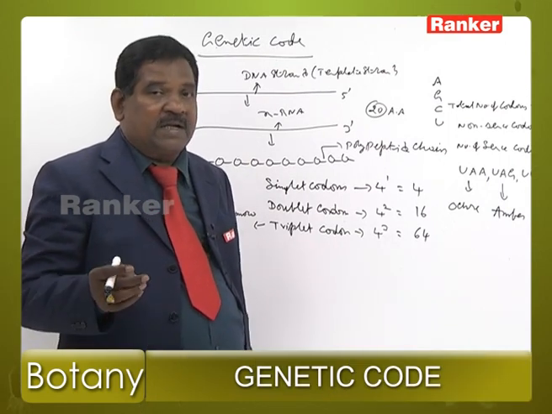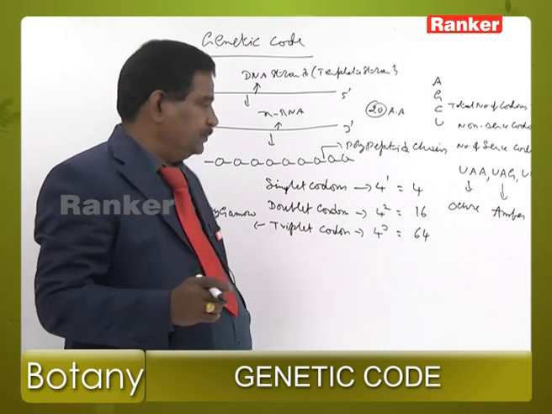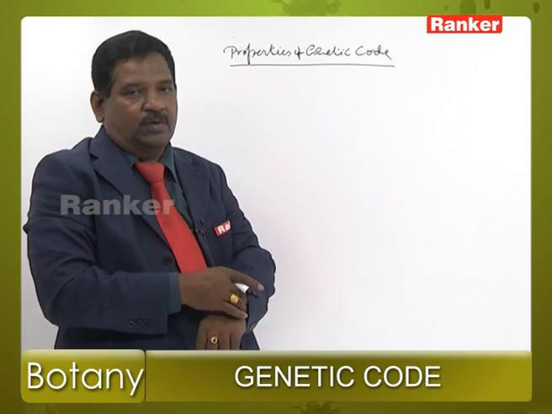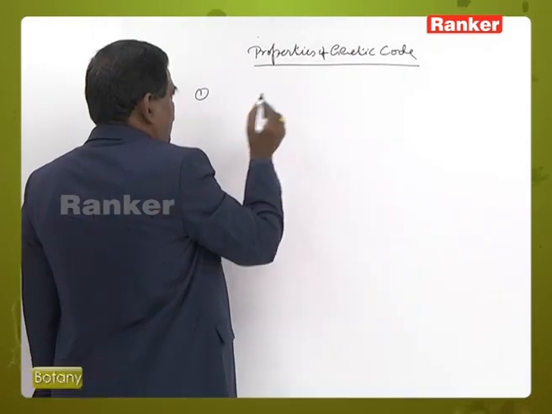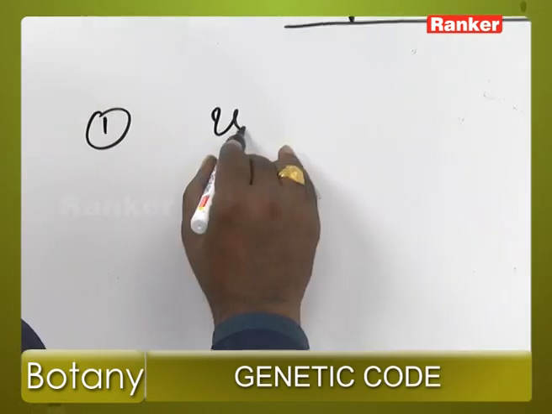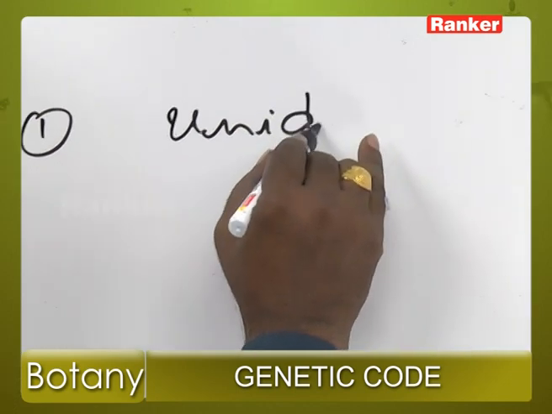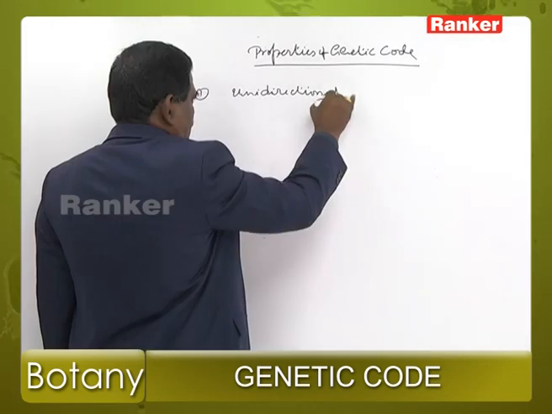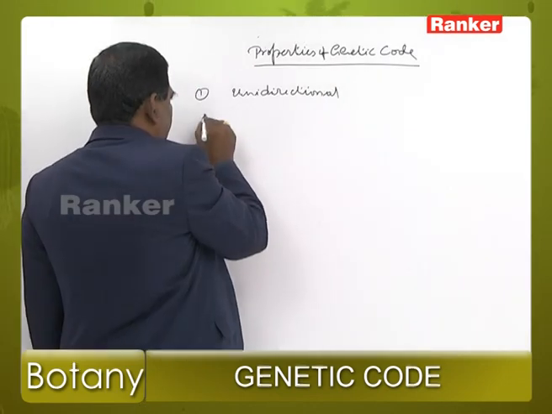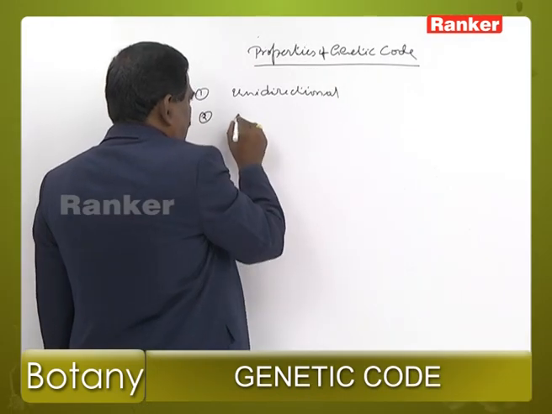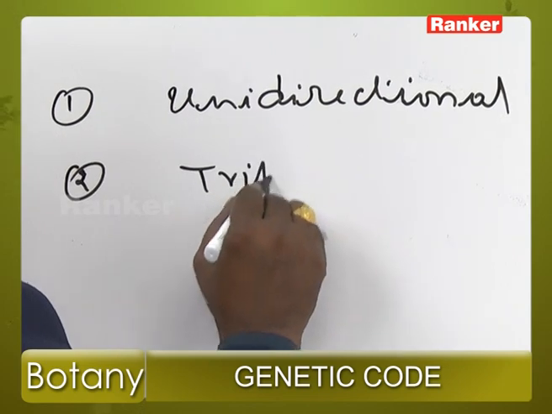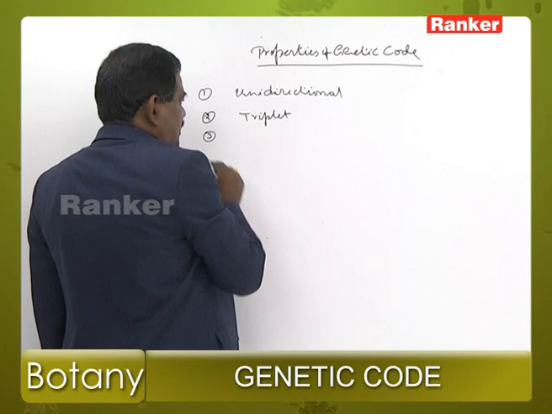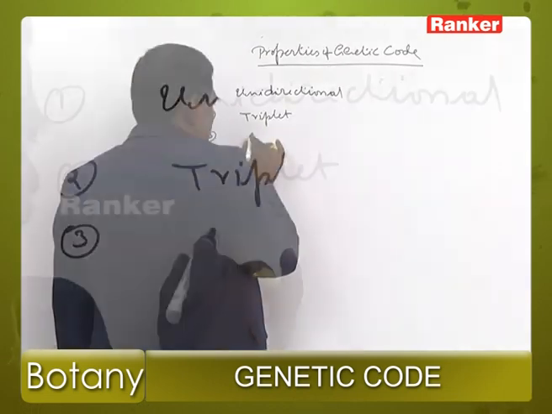Next, properties of genetic code. Genetic code is unidirectional. Genetic code is triplet. Genetic code is commaless.